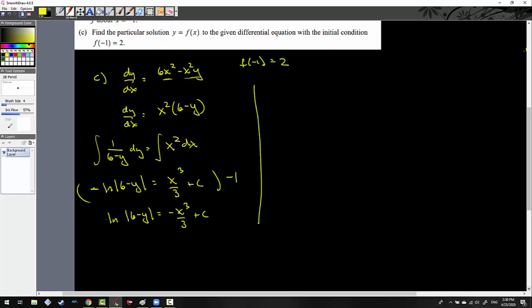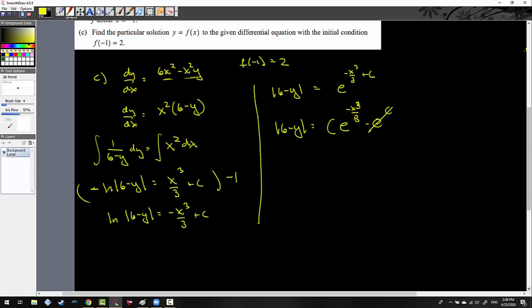So from here, I'm going to do my exponential conversion. So the absolute value of 6 minus y is equal to e to the negative x cubed over 3 plus c. So we just keep on going, right? This is old hat for us. We've done this so many times in Calc AB that this should be second nature.